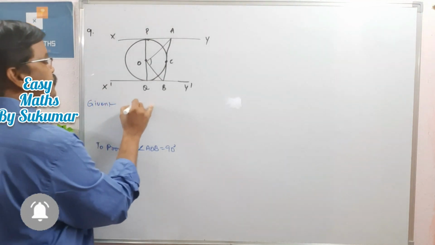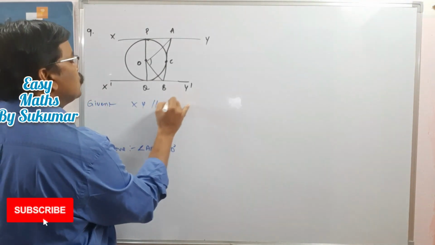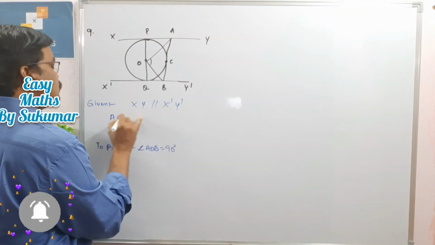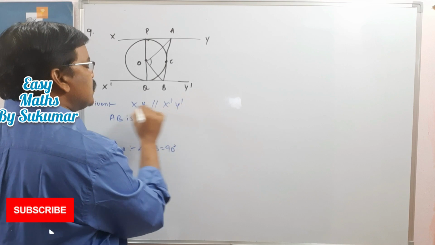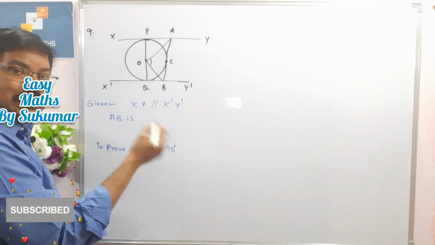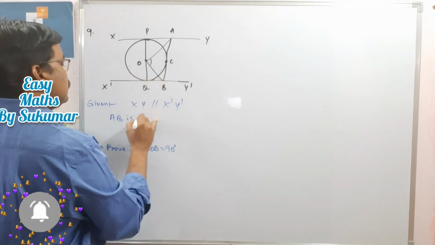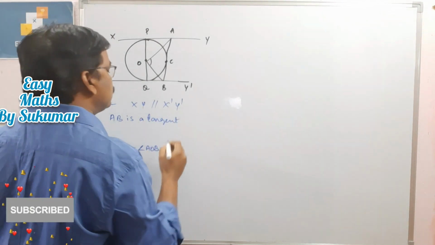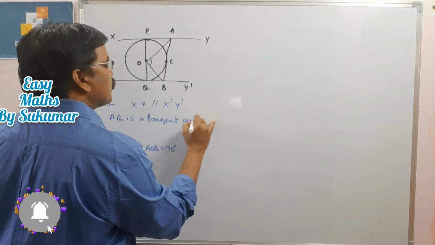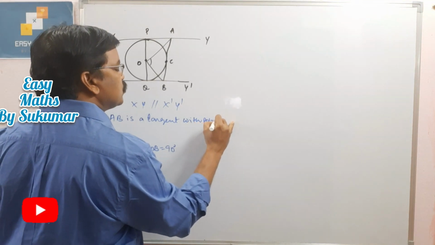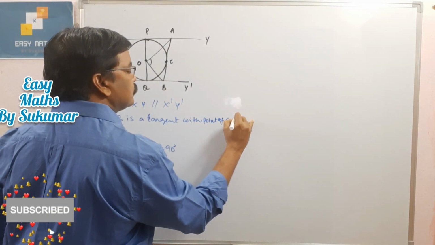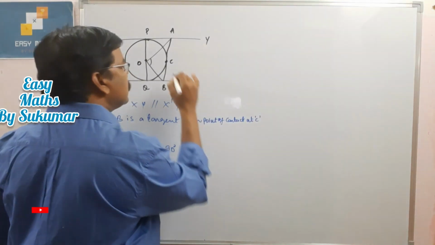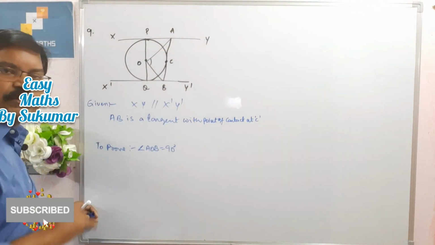The two tangents XY and X dash Y dash are parallel to each other, and AB is a tangent with point of contact at C. This is the point of contact of AB.